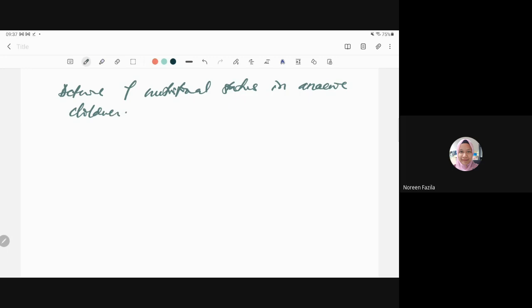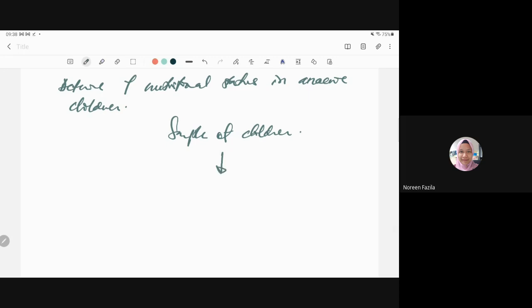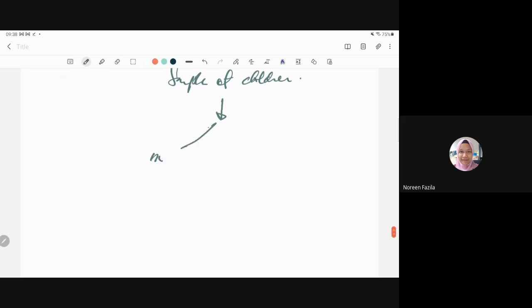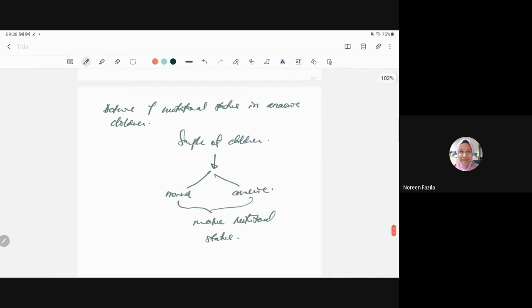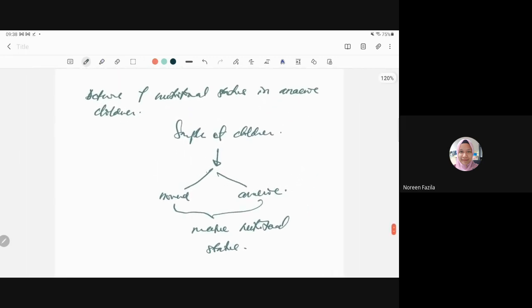Usually what we do is we get a sample of children, and these children will consist of normal and anemic, and then you measure nutritional status, right? So the difference between this study and the first one is that in this study we do not impart the treatment.